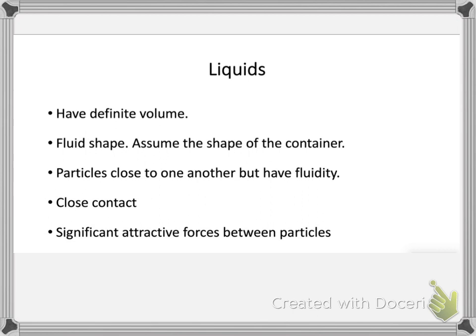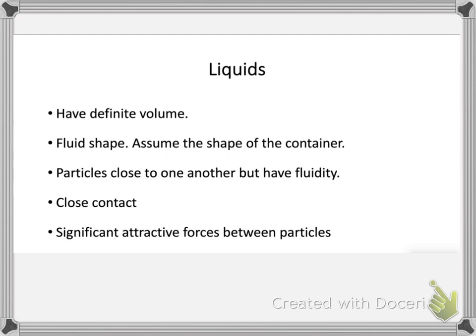Now, fluid shape, that means that the liquid can change into the shape of the container. Not like a gas where it fills the container, but where the liquid is touching the container, it will take on that shape. Again, I refer back to things we've done in lab.